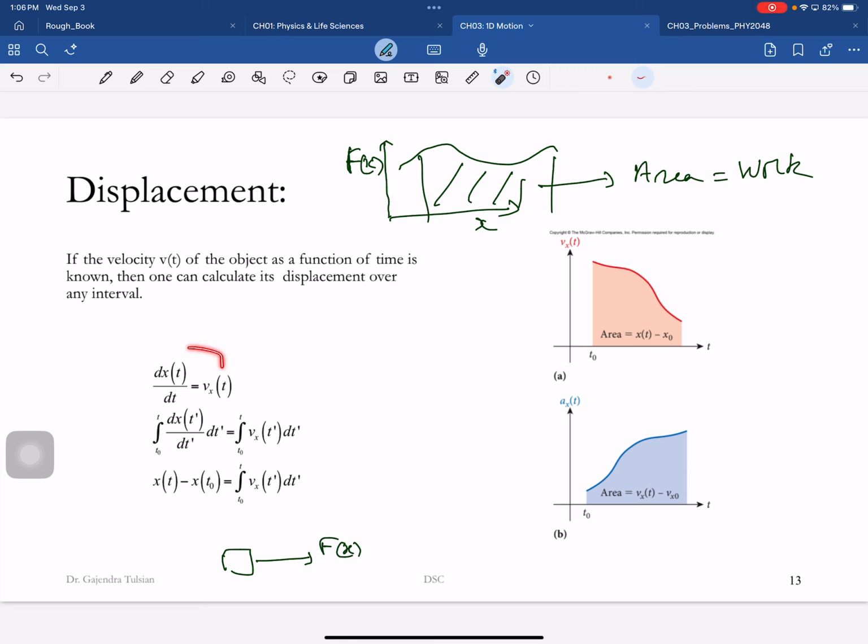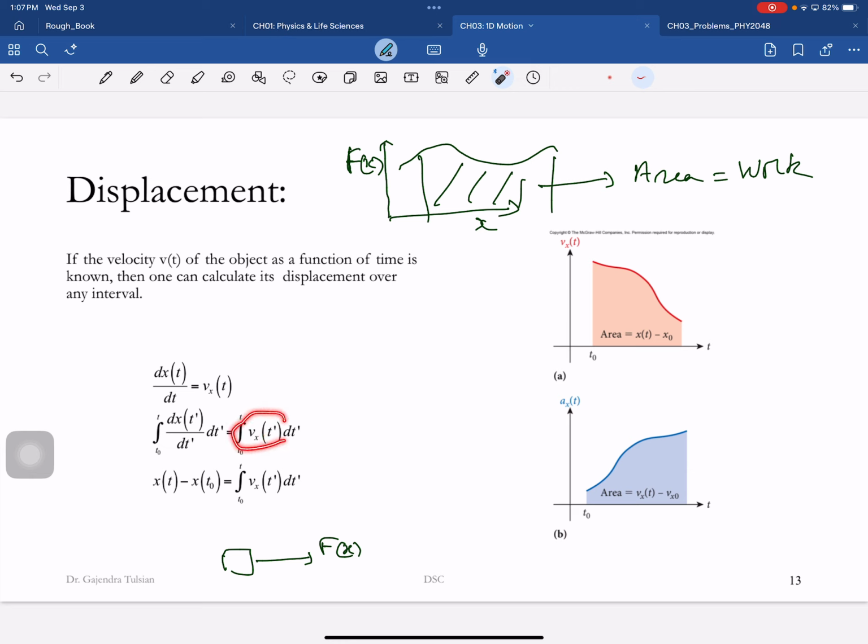So here's an equation, and you've learned in your math classes that if you have an equation, you can do anything to one side of the equation as long as you do the same thing to the other side. So what we'll do is integrate this side between t naught and t, and integrate the right hand side as well.